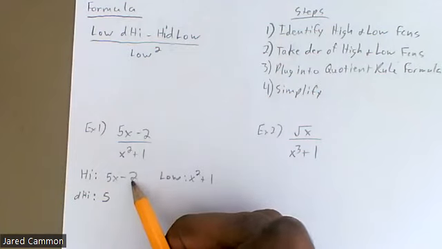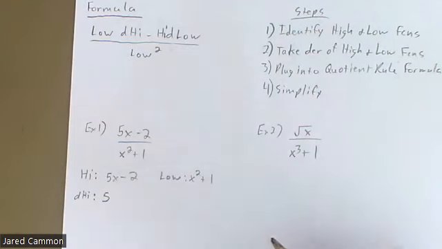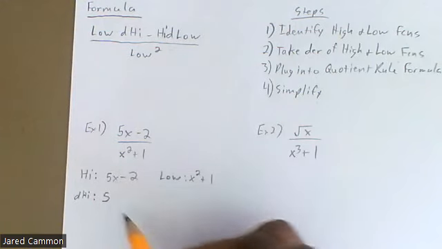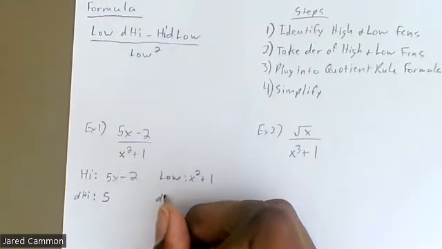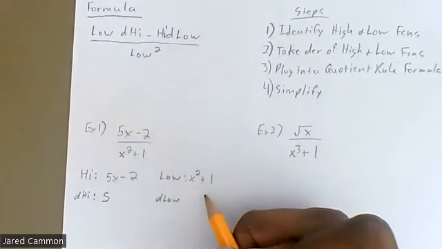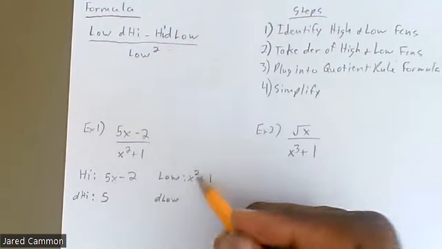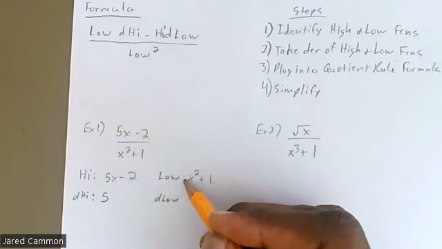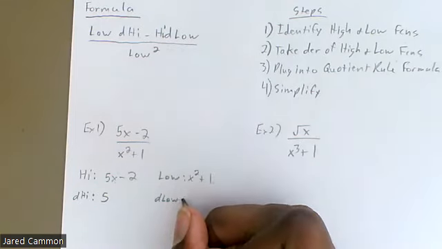And the derivative of a constant is 0, right? So our whole derivative here is just 5. Now we take the derivative of the low expression, and again we use the power rule for both of these. The power rule will take 2 times the coefficient in front. That will give us 2x.